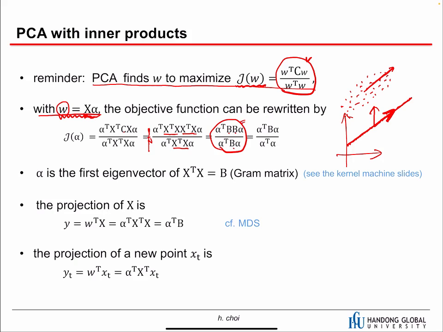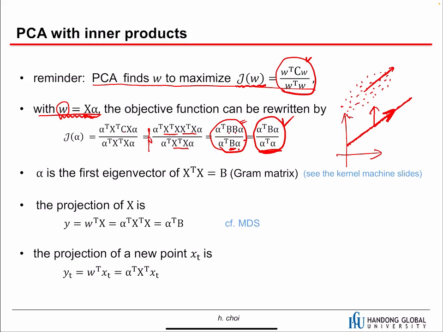The largest eigenvalue is the value of this one, and this one's eigenvector and eigenvalue are exactly the same as this one. Can you remember the Rayleigh quotient? And if B is invertible, then we can simply use this one. And we are not interested in eigenvalue 0, so simply we can use this objective function.